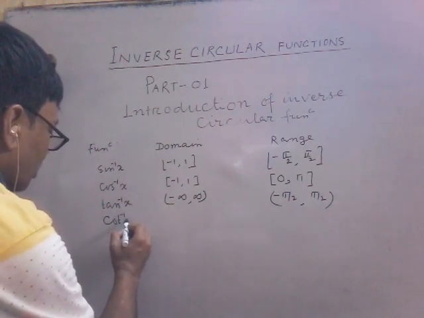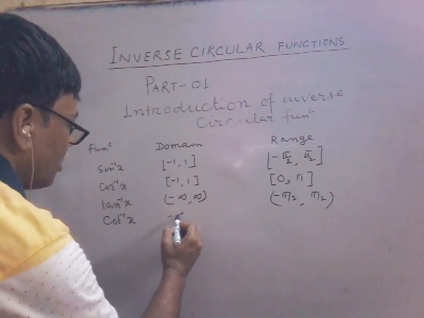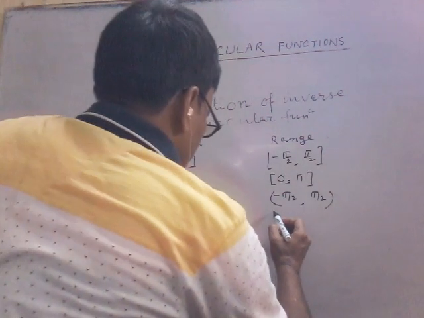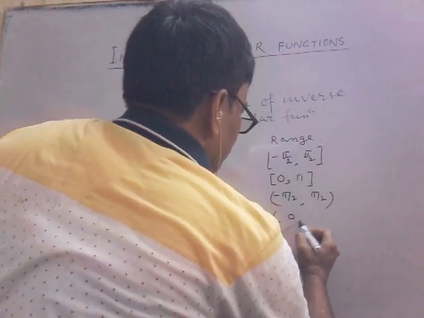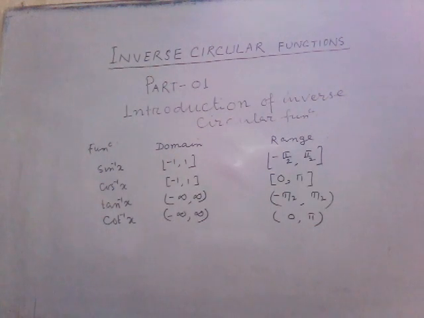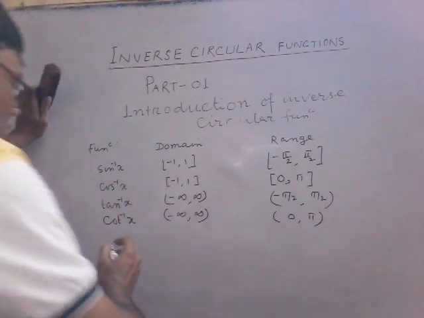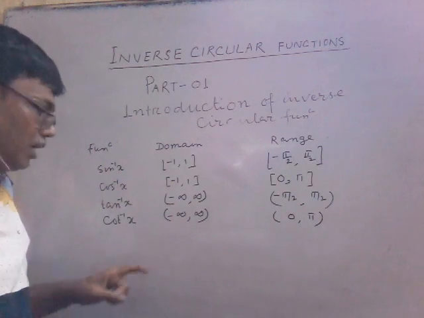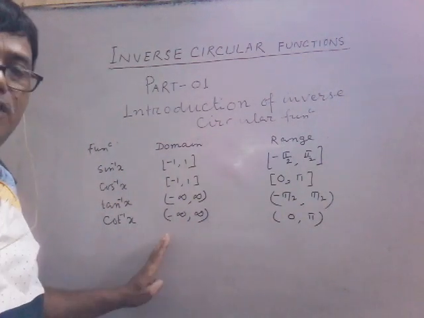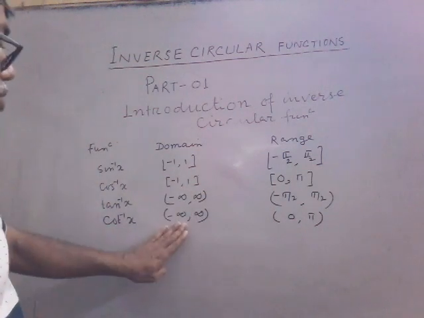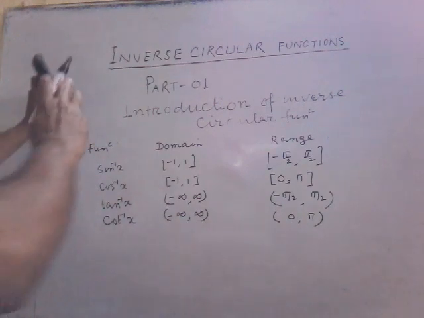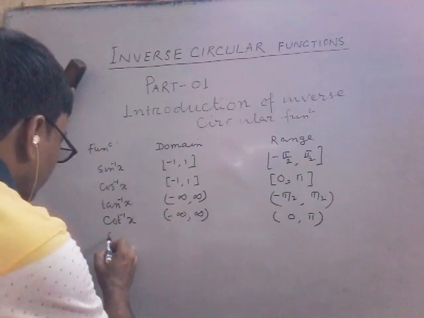Cot inverse x, domain is -infinity to +infinity. What is the range? 0 to pi, open interval. In case of infinity and -infinity, you cannot take the third bracket. This is open interval because infinity is not a number. It is the idea of a very, very large number.